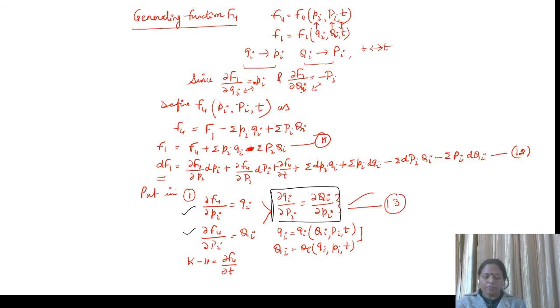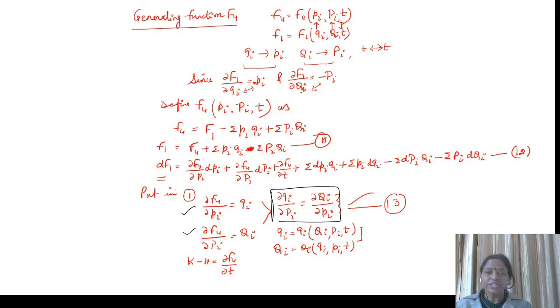If either of these relations is satisfied, depending upon in what form your transformation equations are given, you can solve them and find that your transformation equations are canonical. You may find the generating function. You may describe your dynamical system. So this is all about the 4 types of generating functions.